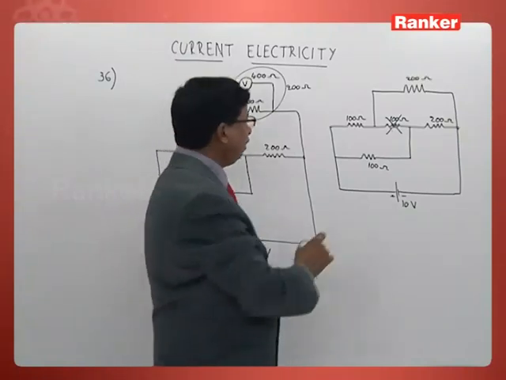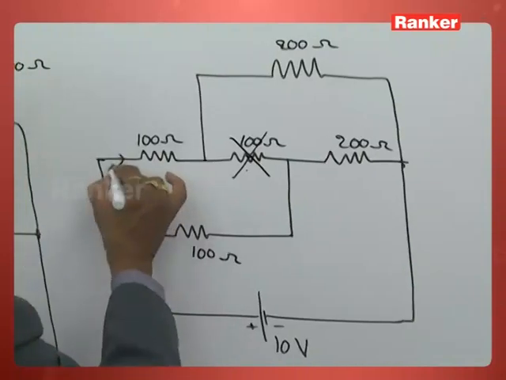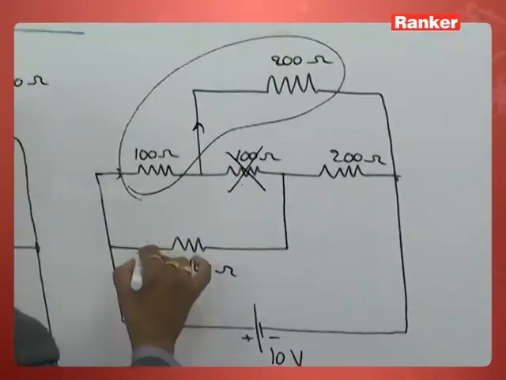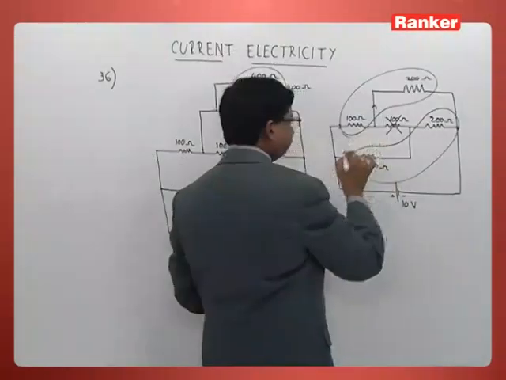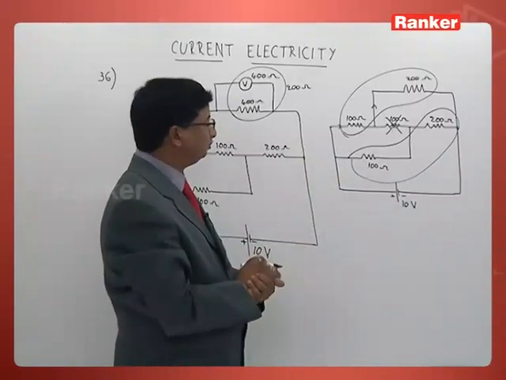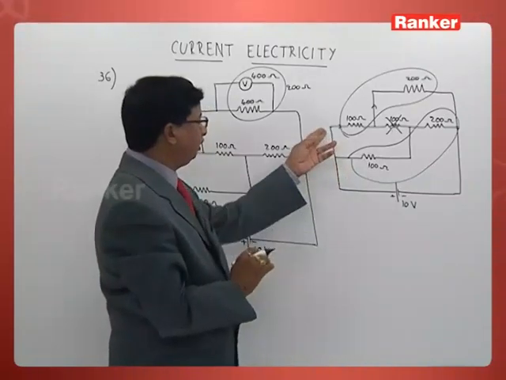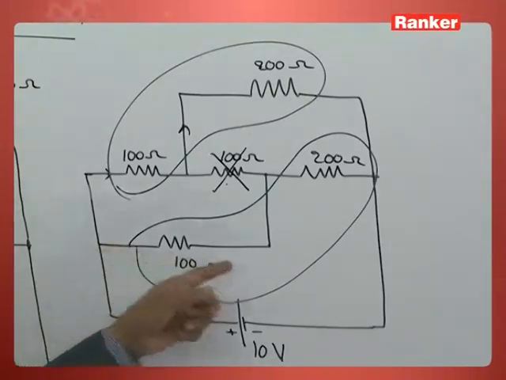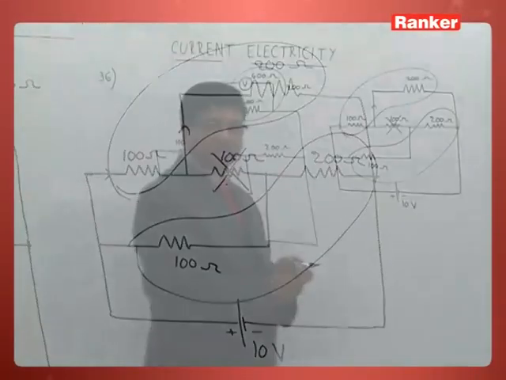So what can we say now? These two are in series. These two are in series. What happens in this particular case? Both are in parallel. Current whatever is entering here directly goes there. Current whatever is entering here directly goes there.